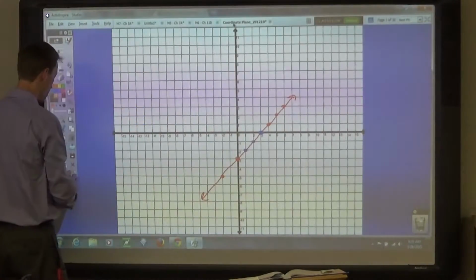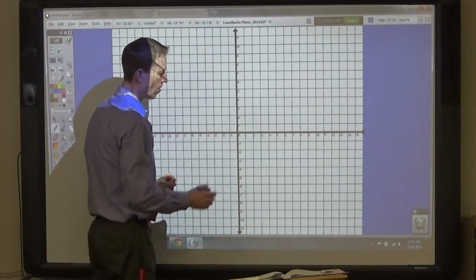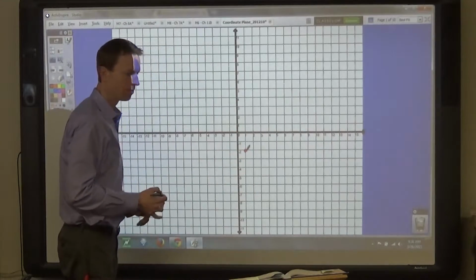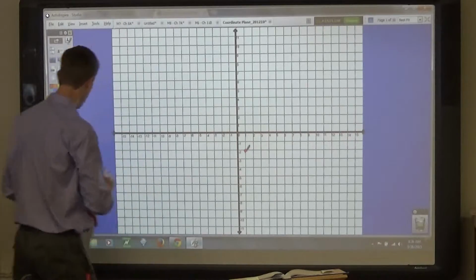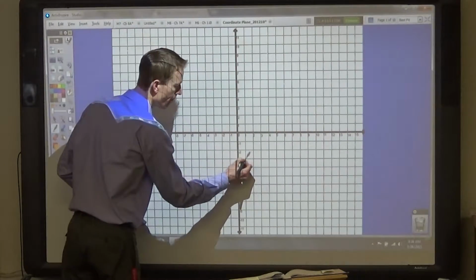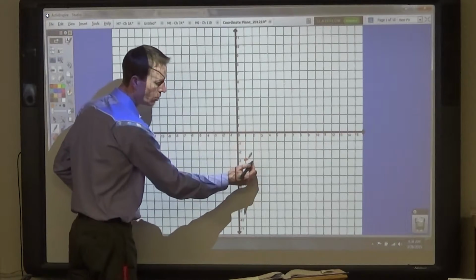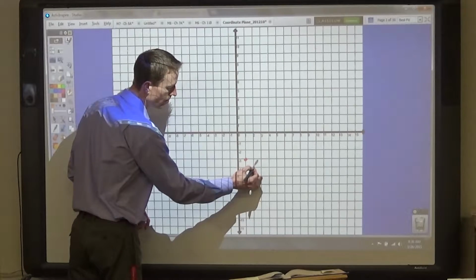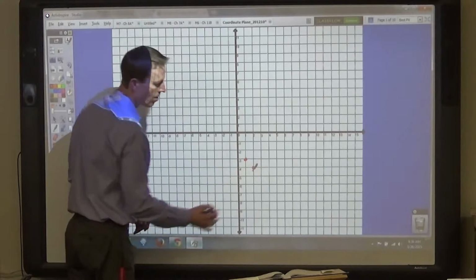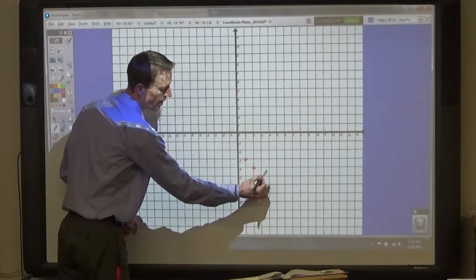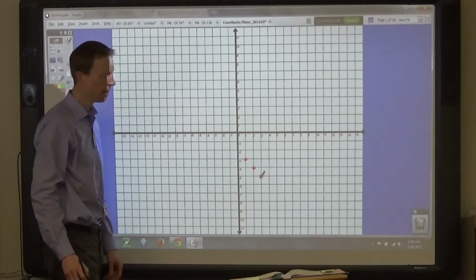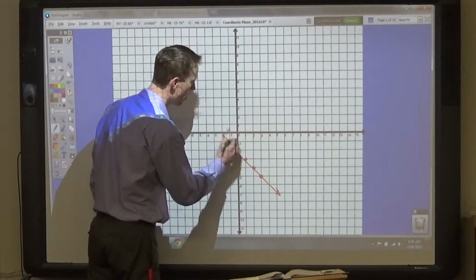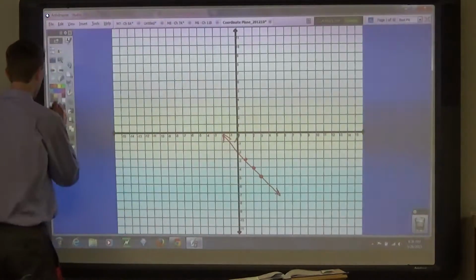Now let's graph these. 1, -3, 2, -4, 3, -5, right? How is this line different from the other line? The other line was going through like this.